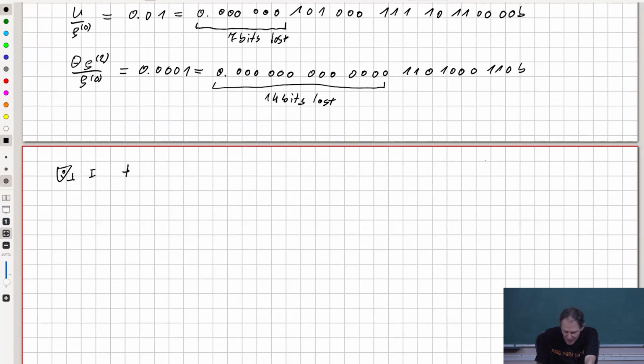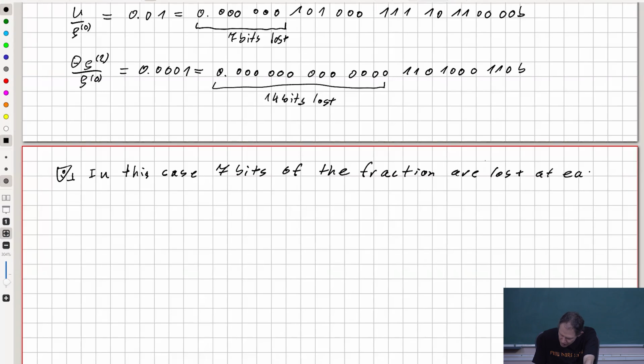So in this case, 7 bits of the fraction are lost at each order.